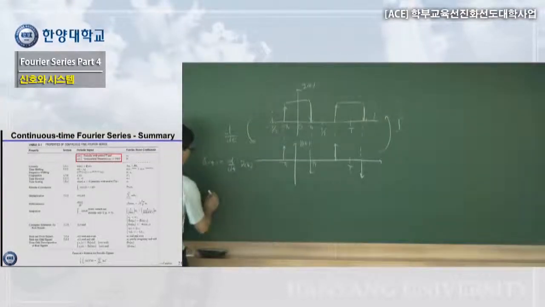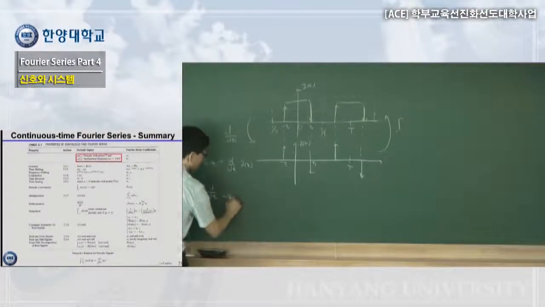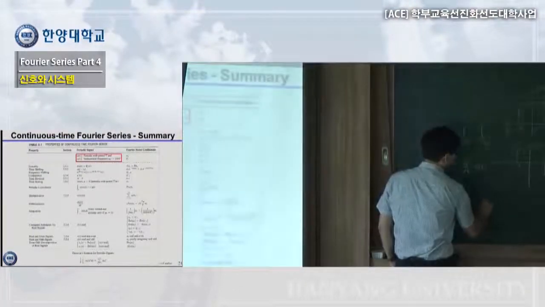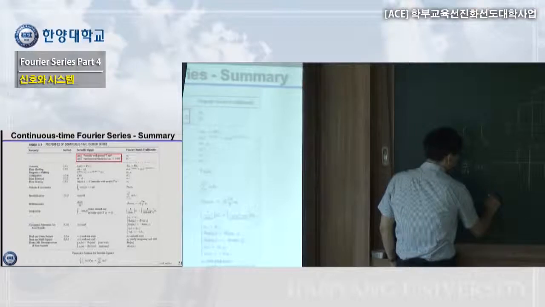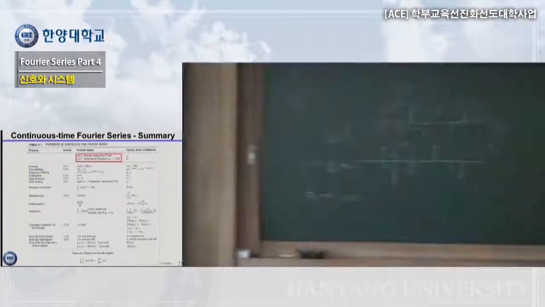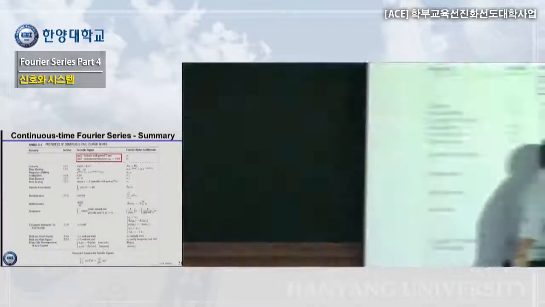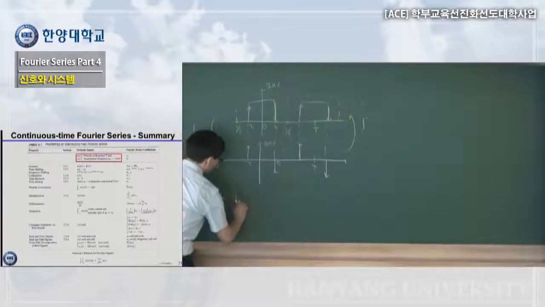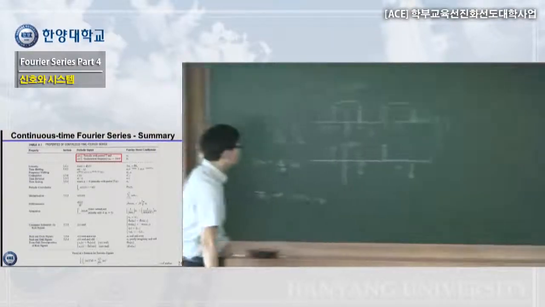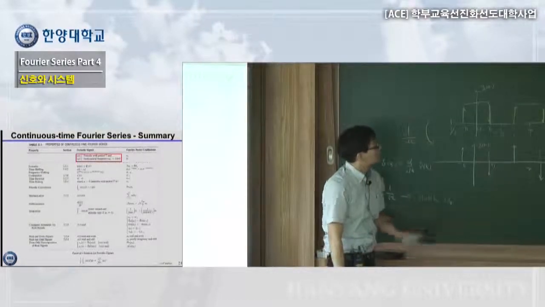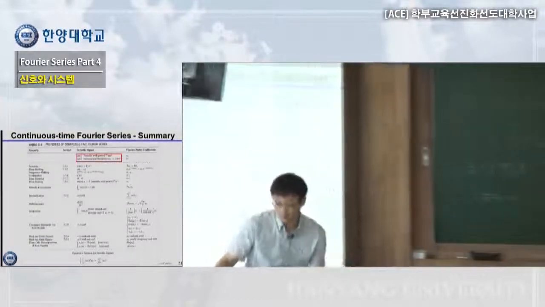In case of differentiation, if you want to differentiate some function, its Fourier series coefficient would be j omega 0 k times a_k.